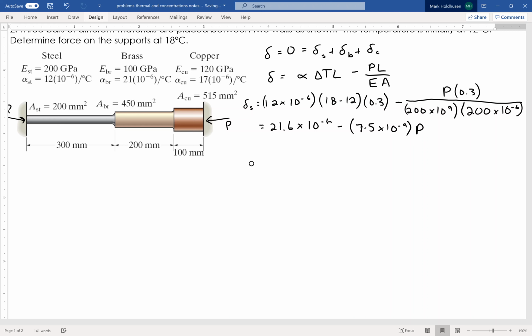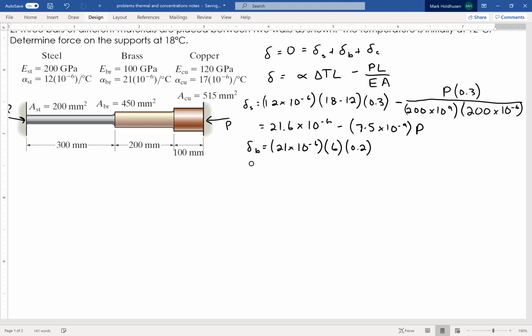Now we'll do the same thing for the brass. The deflection of the brass is going to be 21 times 10 to the minus 6 times, again, the 6-degree temperature change. This one's only 200 millimeters long.